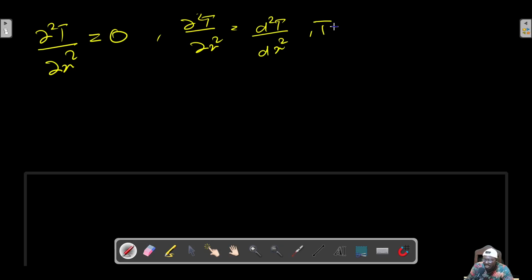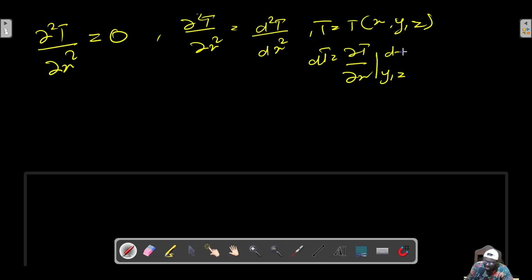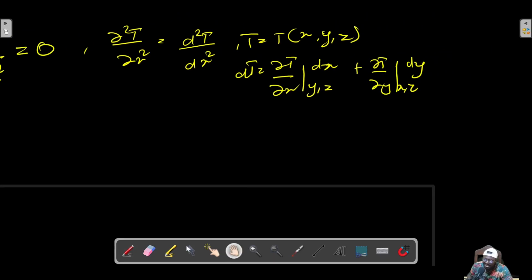Because initially we said that if you have a steady state, then the temperature is a function of all three spatial coordinates. Then applying multivariable calculus, my dT becomes del T del x holding y and z constant, dx, plus del T del y holding x and z constant, dy, plus del T del z holding x and y constant, dz.